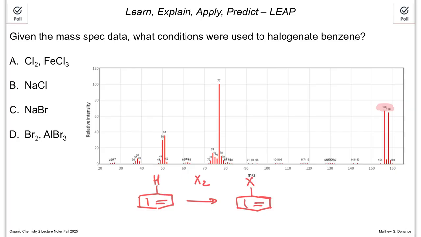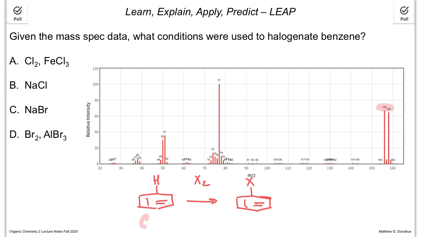So do you remember what halogen that corresponds to in terms of natural abundance? Let me twist the screwdriver a little bit more. I won't answer it just yet.